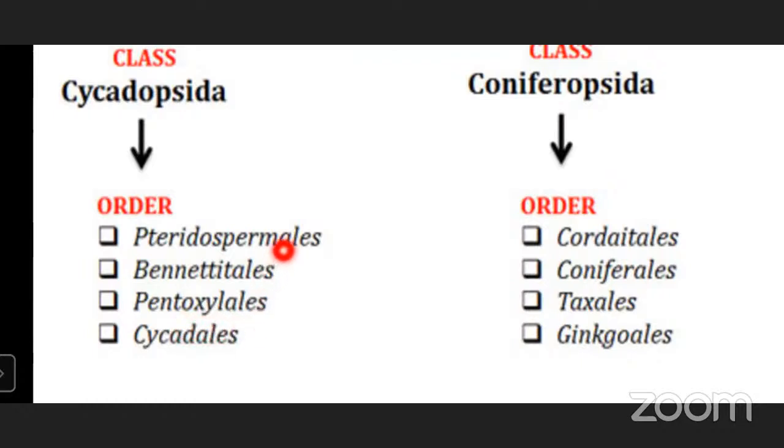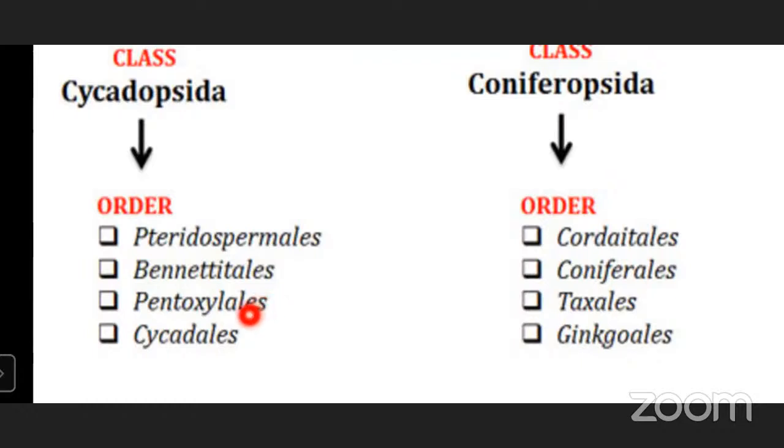So out of these four orders, the first three orders, pteridospermales, bennettitales, and pentoxylales, they all are extinct. The plants which are present in these three orders are all extinct. They are not present in the living condition on Earth's surface.